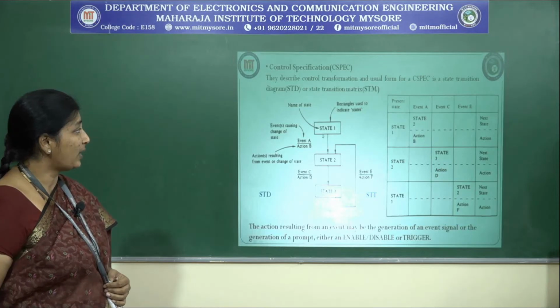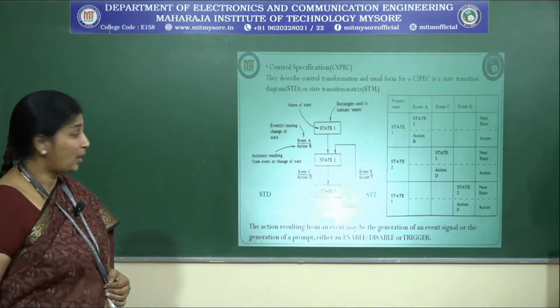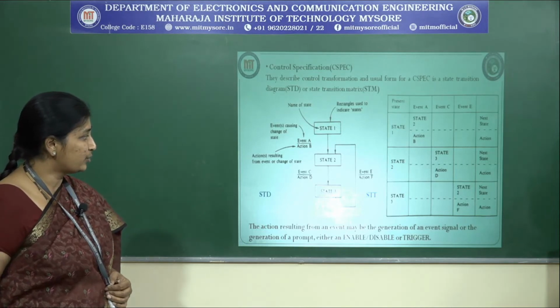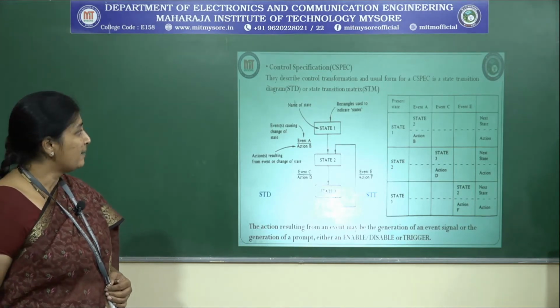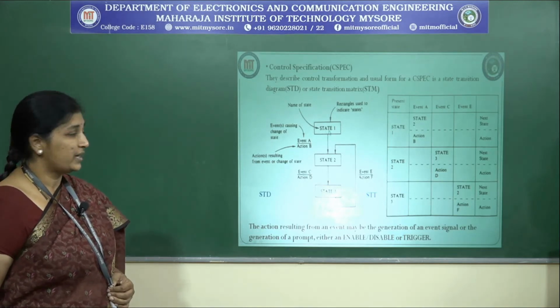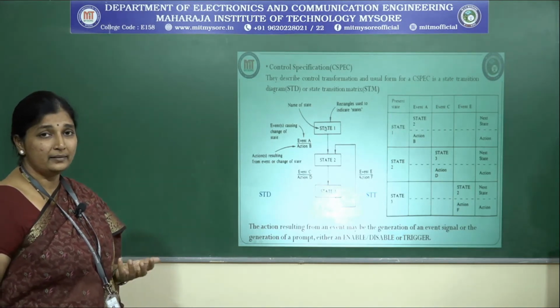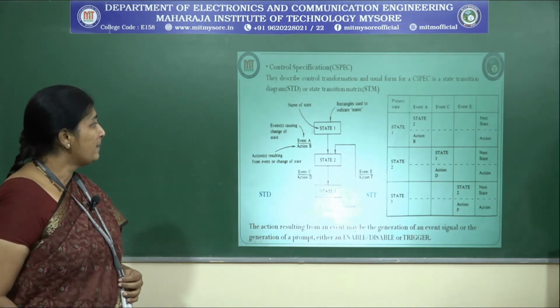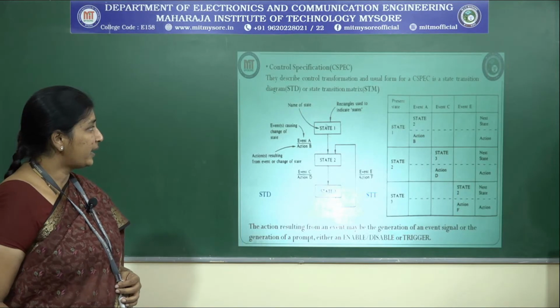This is how a simple STD looks. You have 3 states: state 1, state 2, state 3. Then you have to name the state, if it is start, stop, end. This is represented in a rectangular block.